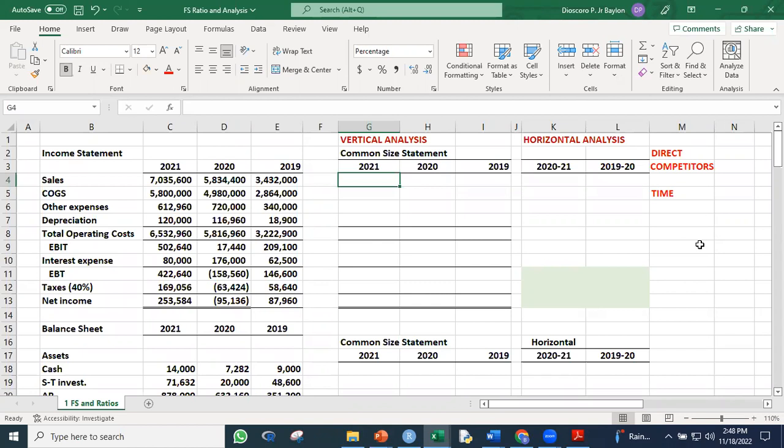I'm waiting for your response, guys. One formula, and then you'll be able to create the common size statement for 2021, for 2020, and 2019.